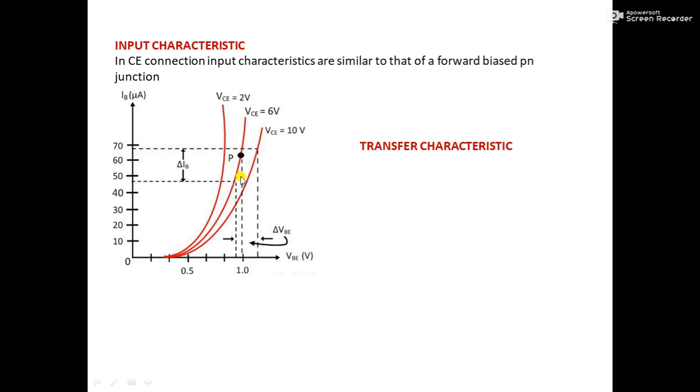You can see from the input characteristics that as we increase the value of VCE, the value of IB decreases.